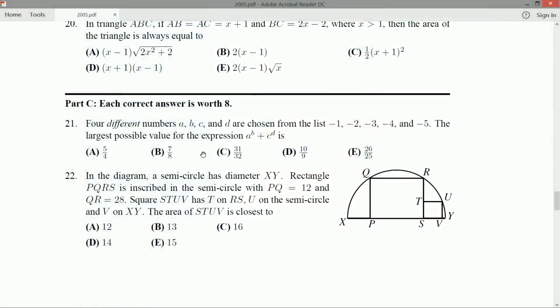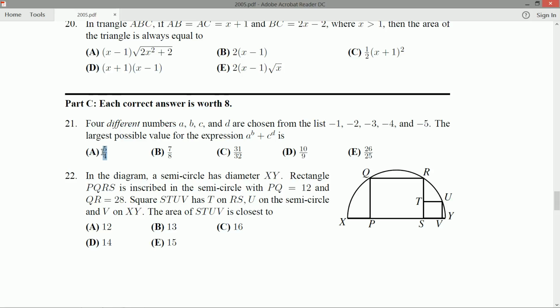So both b and c are less than 1. E here is just 1/25 plus 1. This is 1/9 plus 1. So D is bigger than E, but A is 1/4 plus 1, and that's definitely better than 1/9 plus 1. So I have to ask myself, can I get 5 over 4? Is that possible?